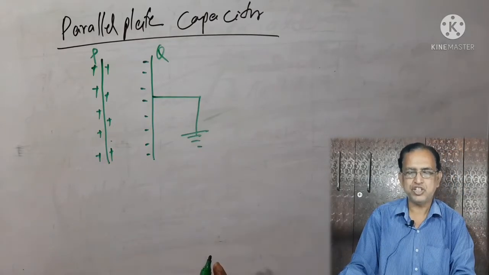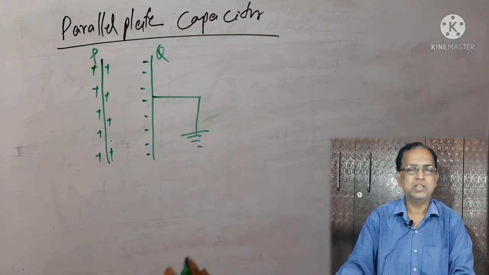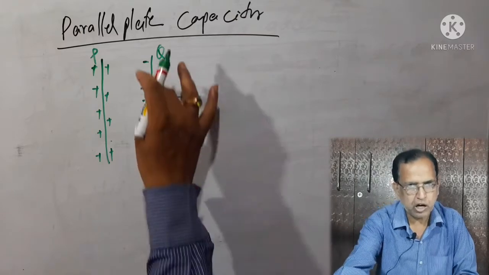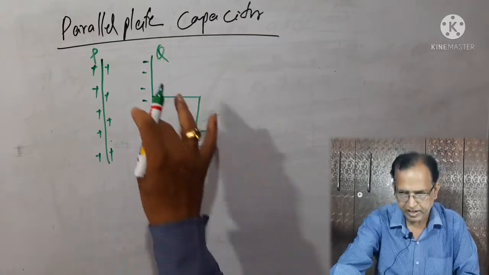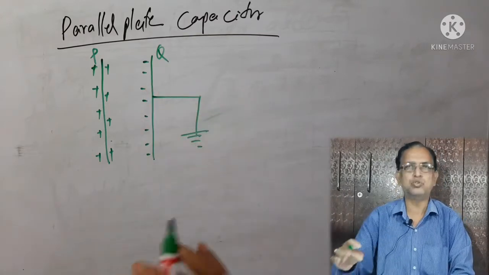A negative charge is induced on the inner side of Q, and a positive charge is induced on the outer side. As it is earthed, this disappears and moves towards the earth, that is ground.